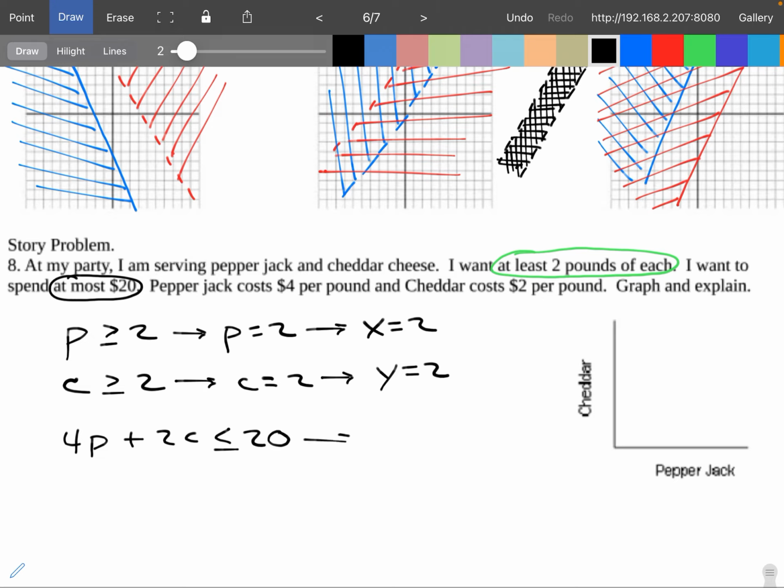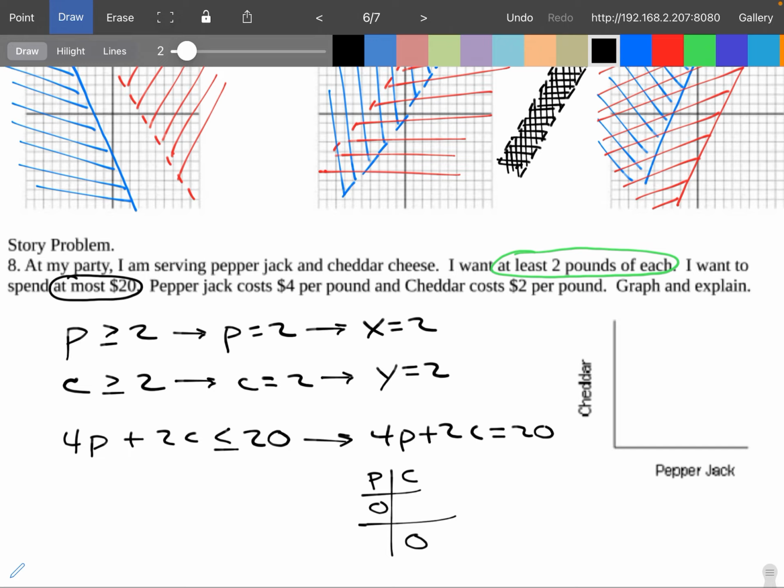So the pounds of pepper jack is on the x-axis. So that's the same thing as graphing x equals 2. And then this one, you're going to change it to an equal sign. So that's going to be C equals 2. But the C is like your y, the number of pounds of cheddar, that is on your y-axis. So that's y equals 2.